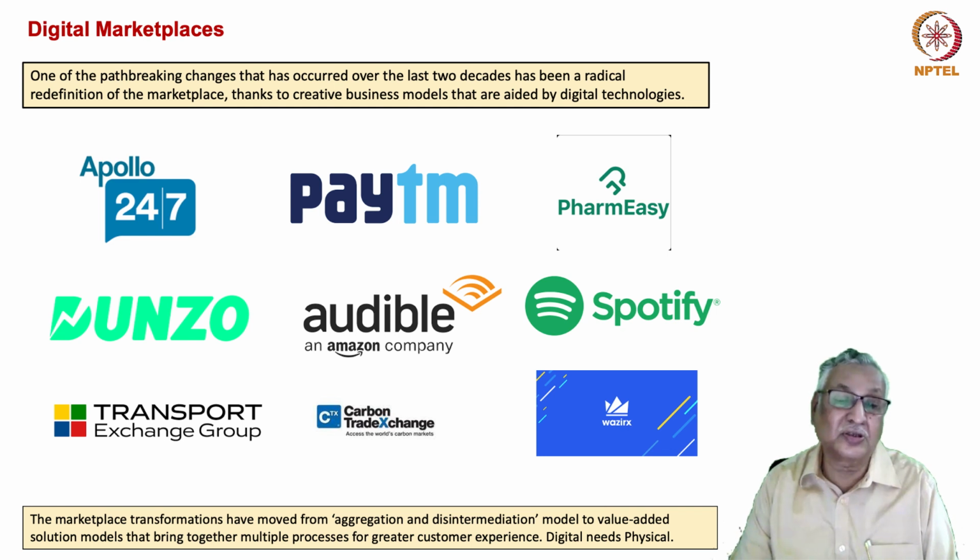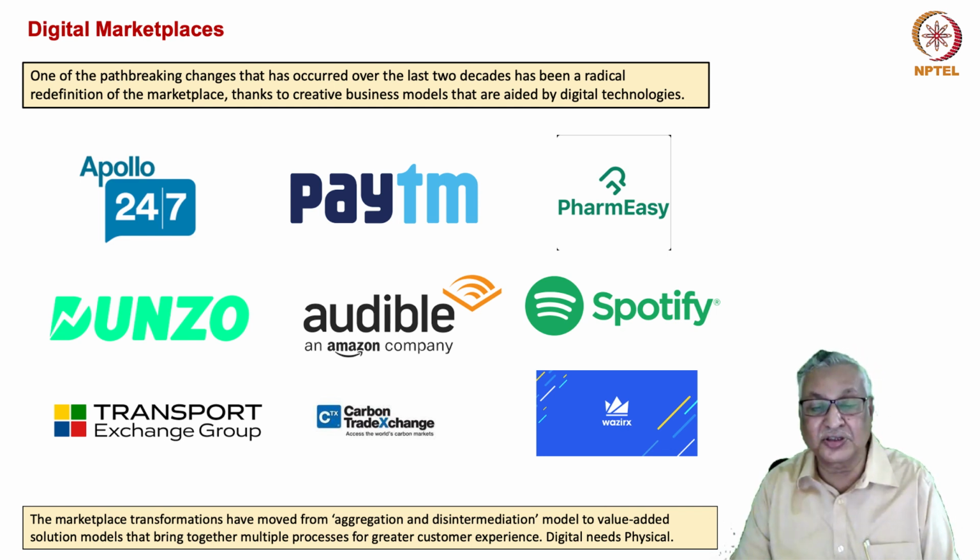And in doing so, they are bringing together multiple processes for greater customer experience. Purely digital platforms are adding physical to be able to provide varied experience. Similarly, physical companies are adding digital marketplaces so that they are able to cater to the millennials' requirements as well as instant supply requirements. So both ways there is a hybrid model that is emerging which will satisfy the requirements of the widest possible section of population.